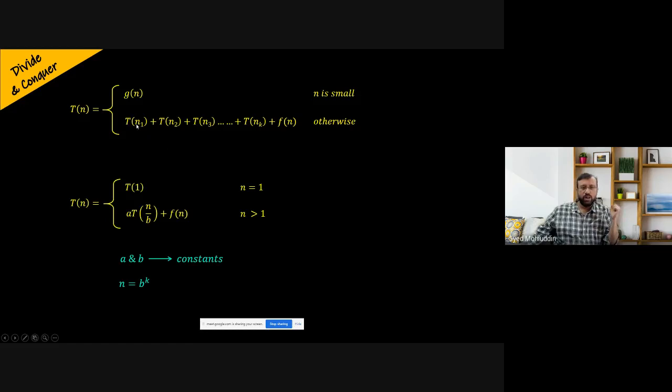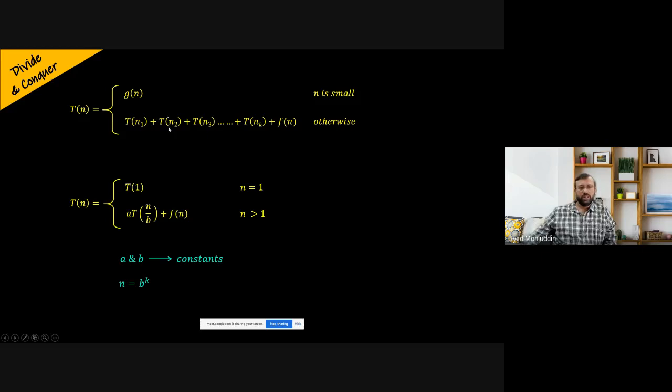So n1, n2, n3 will each be n by b, where b is some constant. We are trying to divide this problem using some constant b.